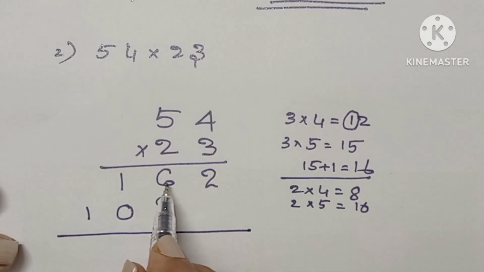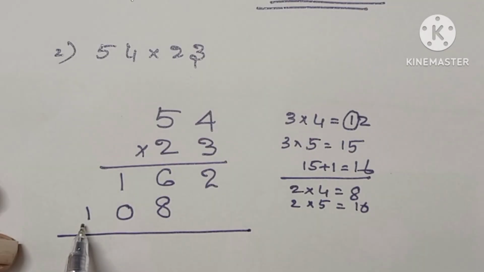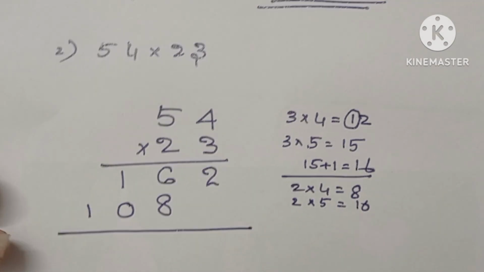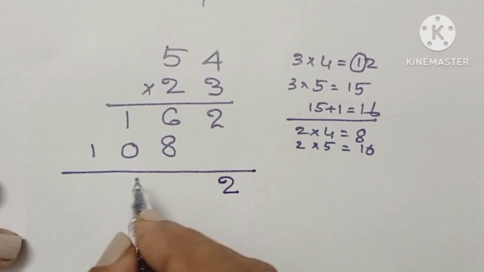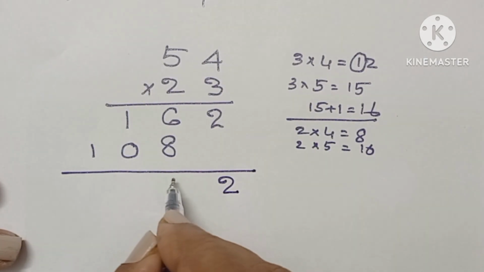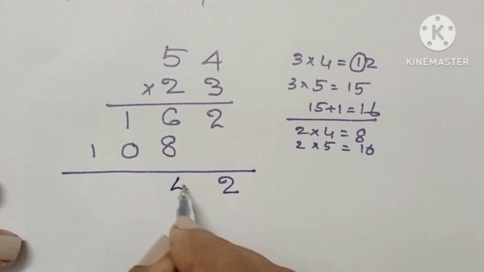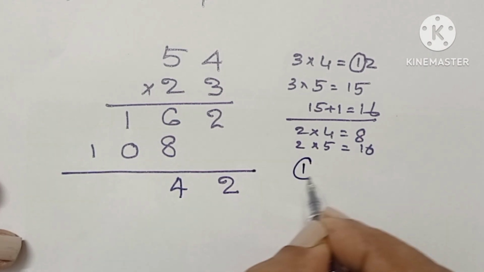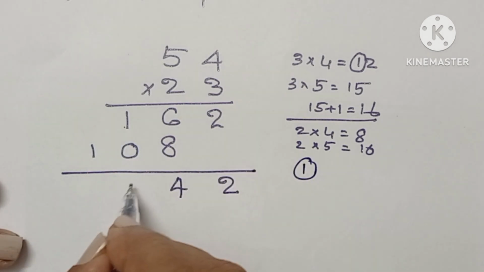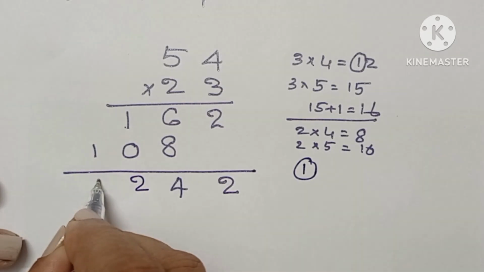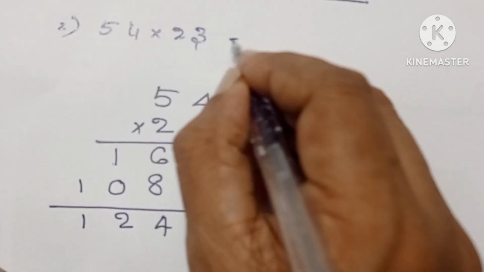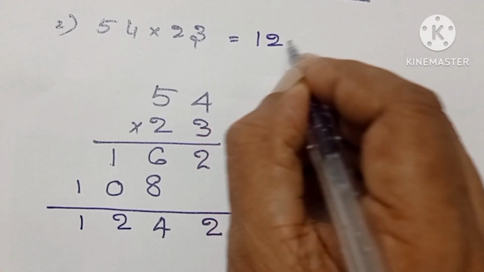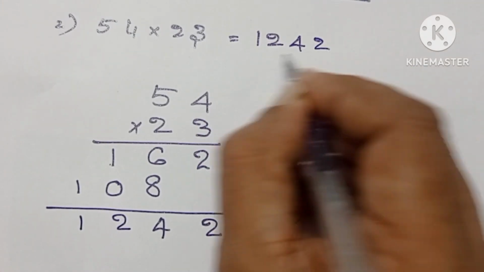Ones place, tens place, 100 plus 1000. After that we are adding the two numbers. 2, 8 plus 6, 14. 1 is carry over. 1 plus 1, 2, 1. The answer is 1242.